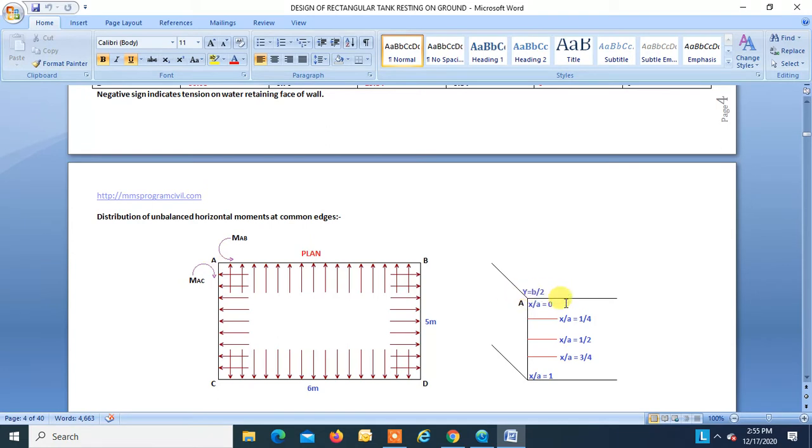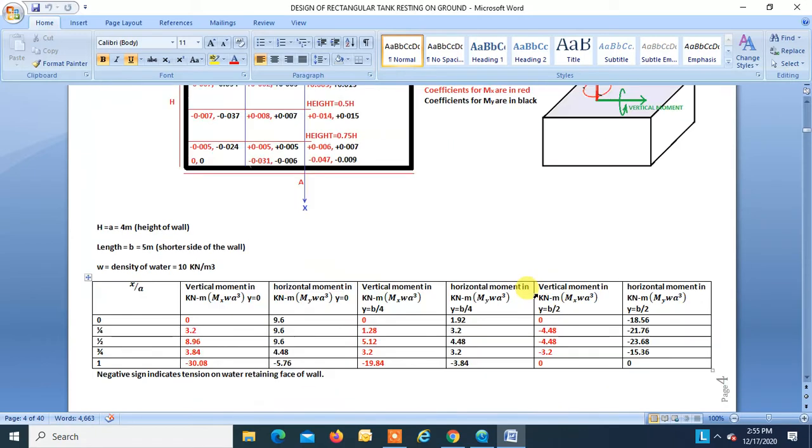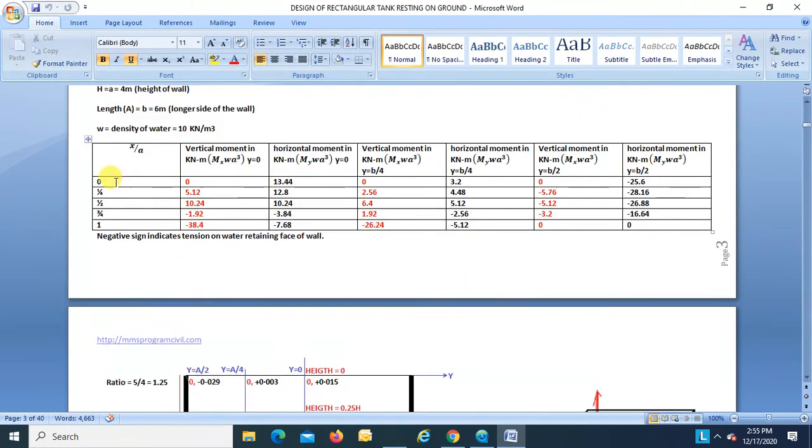So let us see the moments MAB and MAC at x by a equal to 0 and y equal to b by 2.